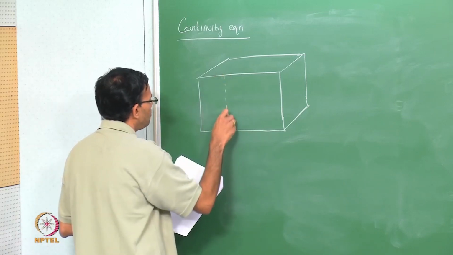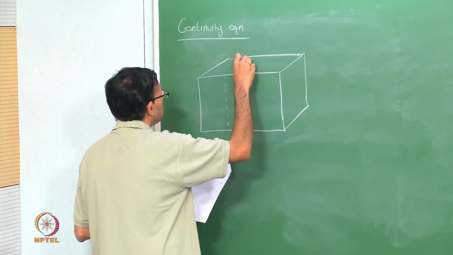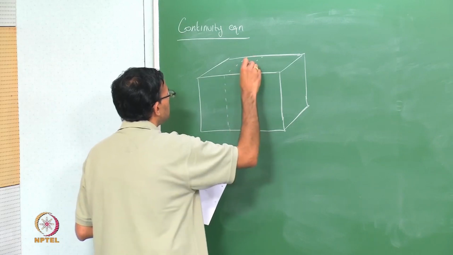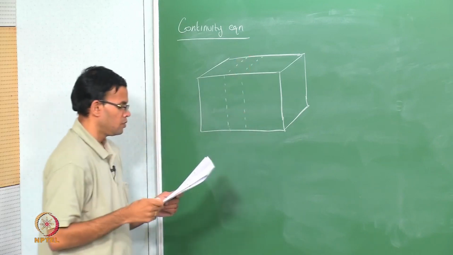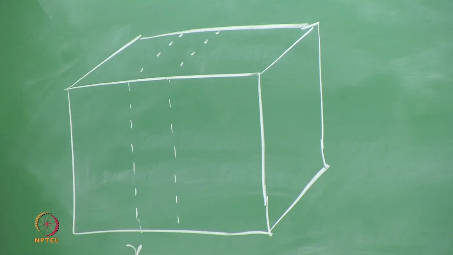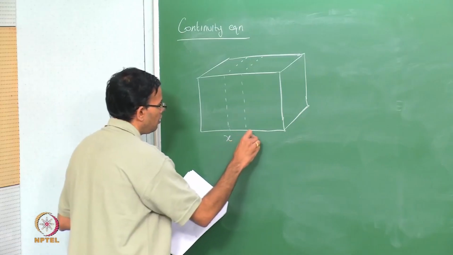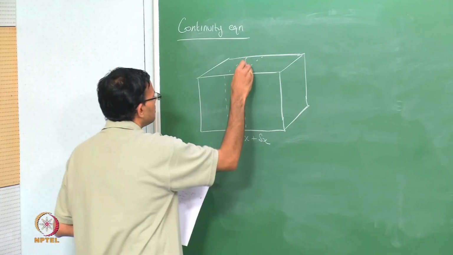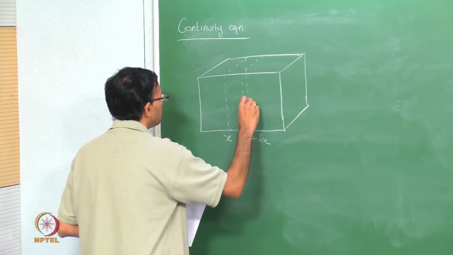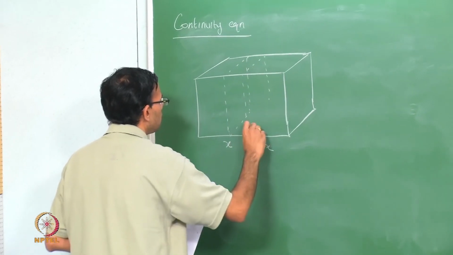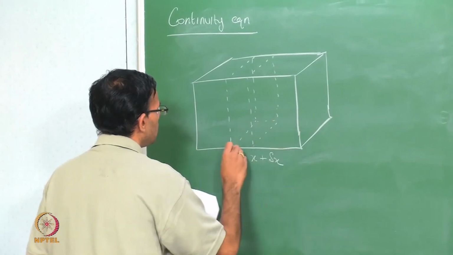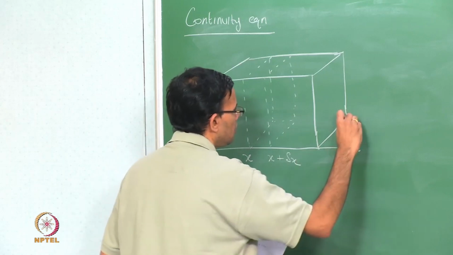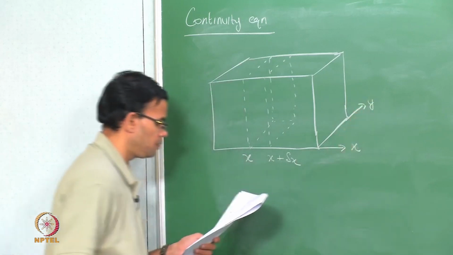So, I have a small portion of this material which is at a certain depth x, and then I consider a small increment x plus delta x. So, this is just a portion of your slab. So, this direction is my x direction, this direction is the y direction.